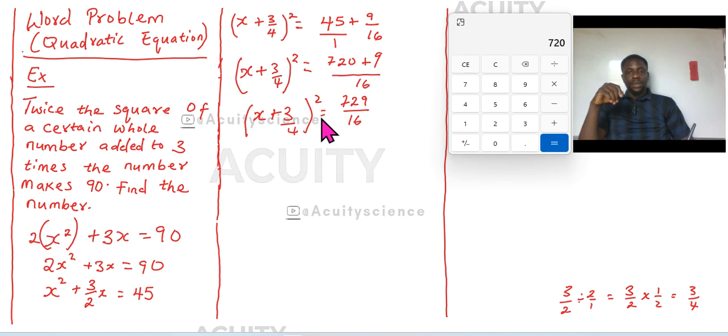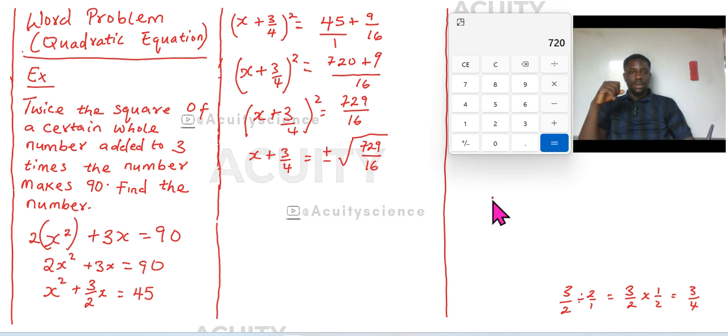Now to make x the subject of the formula, we first of all have to take away the square. That means we find the square root of both sides. So square root of a square will just cancel out. So we just have x plus 3 over 4 equals, because we are introducing square root, square root of 729 over 16, and of course plus or minus.